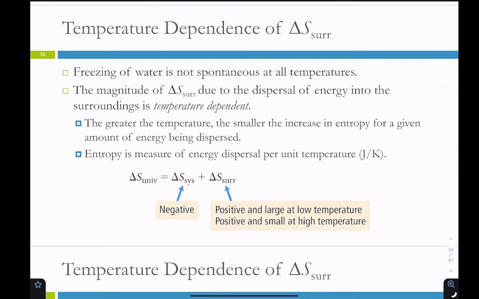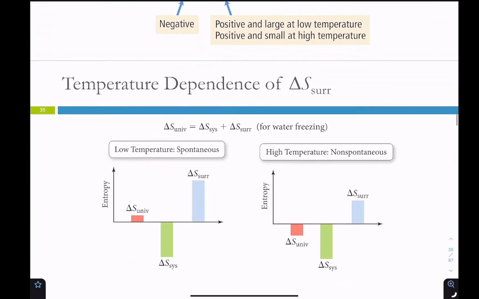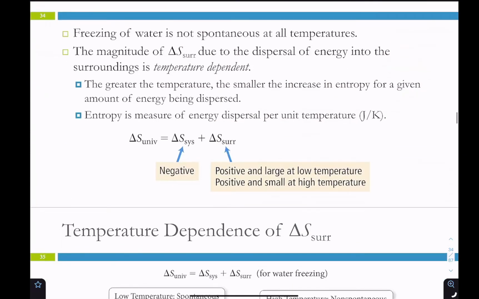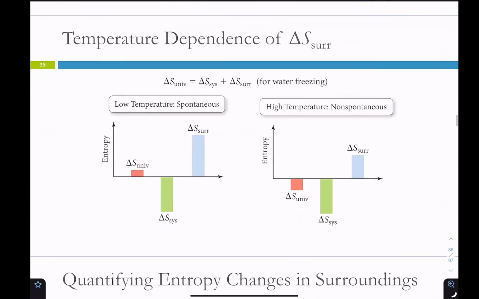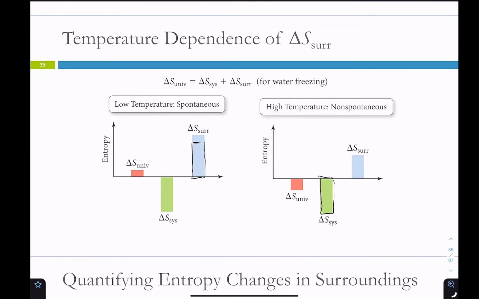So we can also represent that mathematically. Not on the next slide, but I think the slide after. So under a low temperature situation, I'll try and draw the box again. So low temperature situation, the surroundings are cold, right? Not a lot of heat energy. So when the water freezes and releases that heat to the surroundings, it's a net positive.